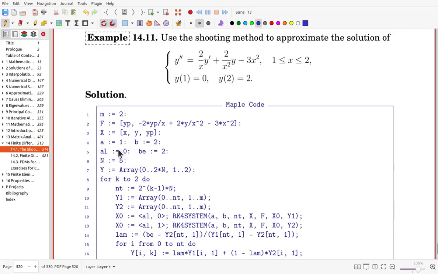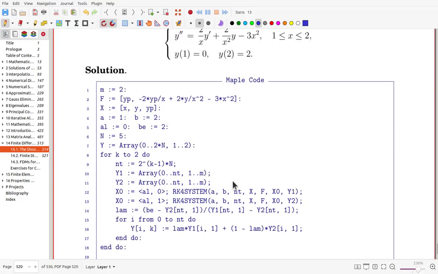Here, from 1 to 2, alpha is 0, beta is 2, and n is 5, and we try to solve the problem twice. In the beginning with 5 subintervals, and next with 10 subintervals.